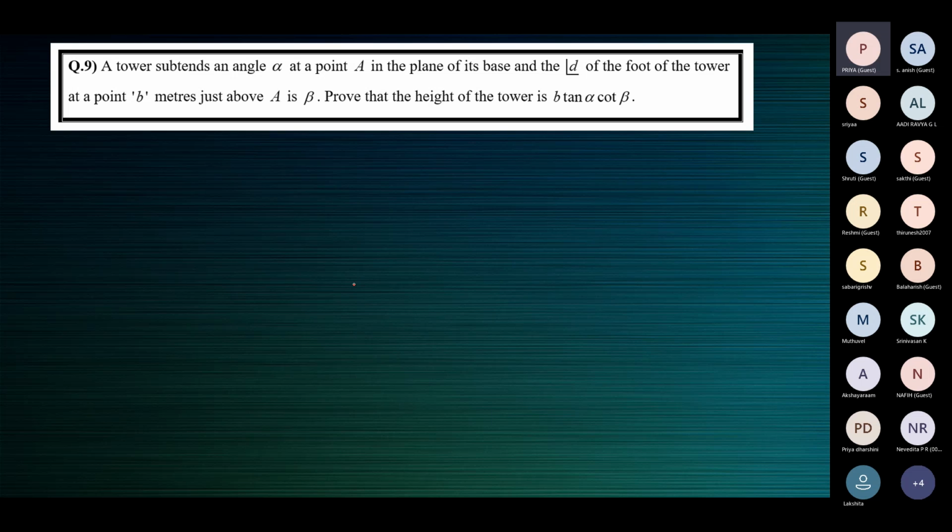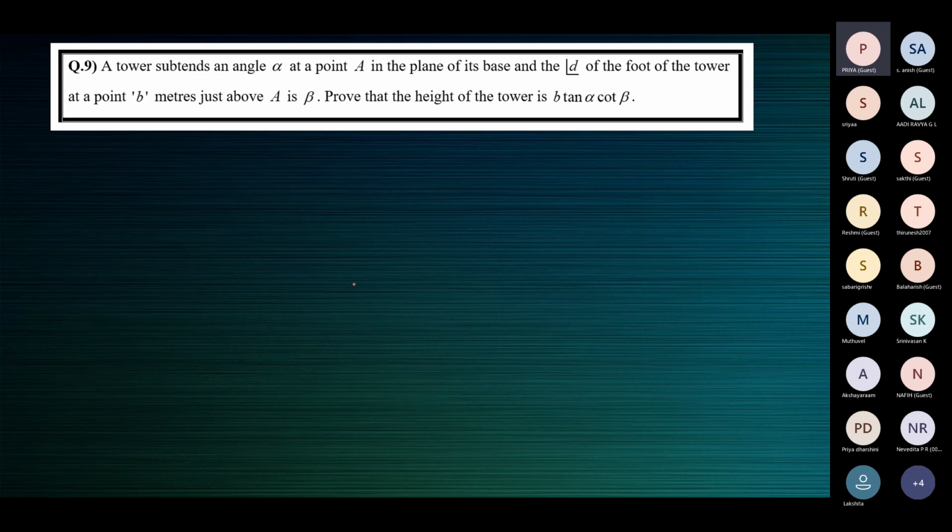So here a tower subtends an angle alpha at a point A in the plane of its base. The plane is a level ground. The plane of its base, base meaning the foot of the tower.